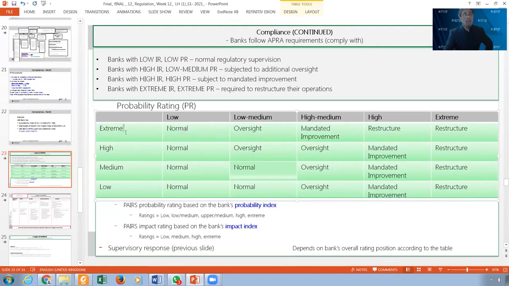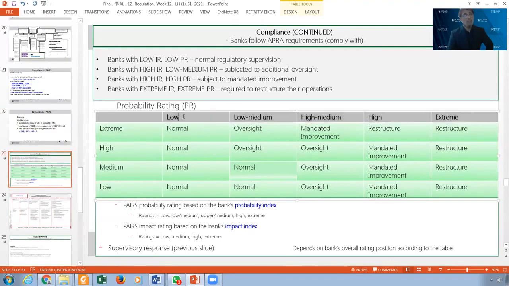Now, who decides how much is extreme, how much is high, how much is medium, how much is low in terms of the size of the bank? EBRA does that. They will tell you this is an extreme size, high size, medium size, or low size. But this from 1 to 256, we already know that one.